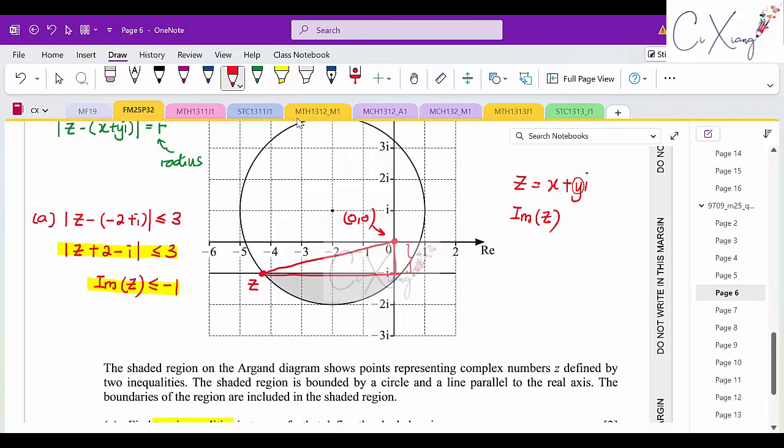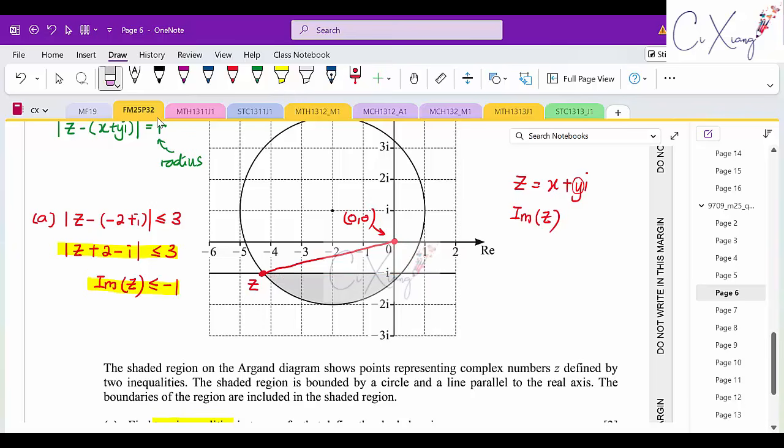You know that this is actually 1 unit, but you don't know the base. What is the horizontal length, the base length of the triangle? If you have only the height but you don't have the base, definitely you cannot find the hypotenuse, right? So is there any other method that we can use?